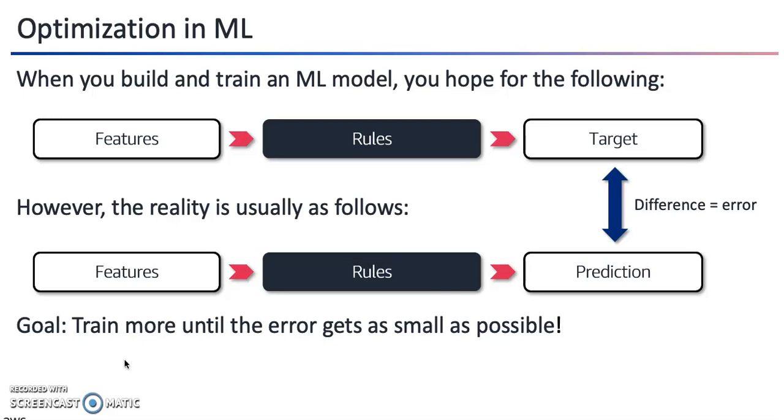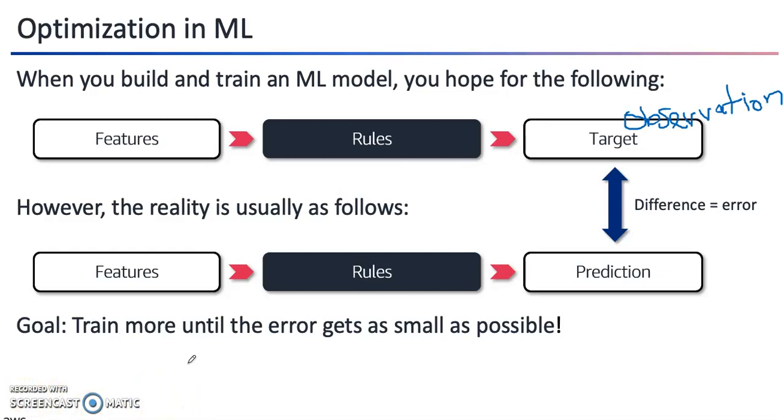What we see here on the top is we have features. The features are subject to some rules, and then the rules would lead to a target. But we can call this target, or perhaps observed is more precise.